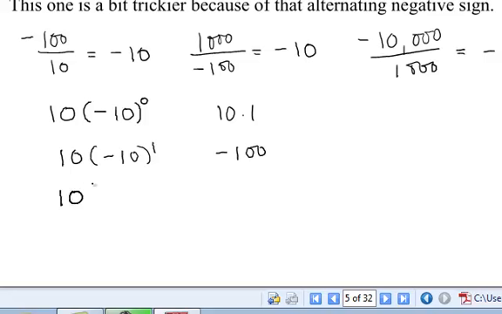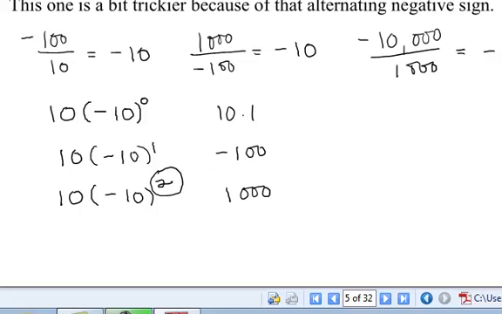And here is 10 times negative 10 squared, which is 10 times 100, which is positive 1,000. Wow, look at that. It's making the sequence, and because r is negative, every time you hit an even exponent, you're going to get a positive number.